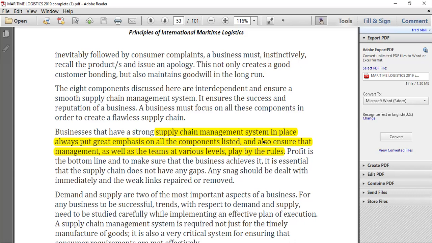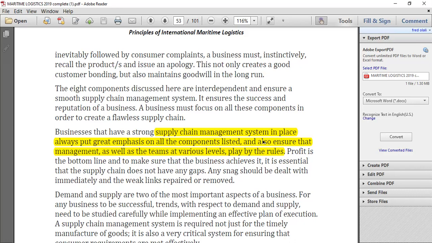So businesses that have a strong supply chain management system in place always put greater emphasis on all the components which we have highlighted, and also they ensure that management as well as the team at various levels play by the rules. So they follow what the rules need.